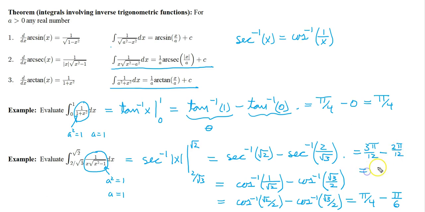And so we get our answer, pi over 12. And so there is our answer for this problem right here. And notice once again, you could evaluate the arc cosine on your calculator, or you can use the unit circle diagram.